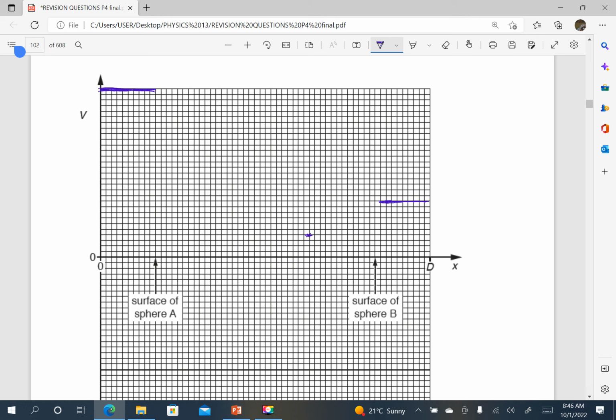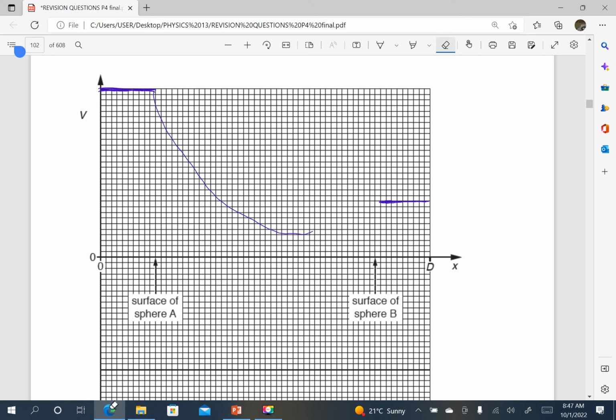Now, as you move away from the surface, potential decreases. So I will draw a smooth curve like this one for that one. Then I will also draw a smooth curve. This should meet at the minimum point somewhere here. So all that is very important is to put the minimum point of these two graphs closer. The minimum point should be closer to the sphere with a smaller charge.